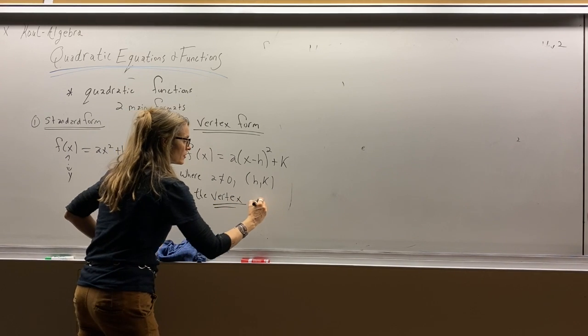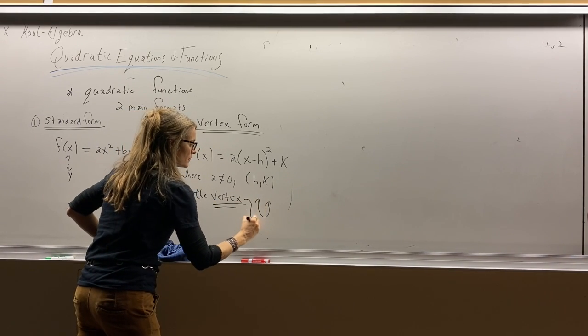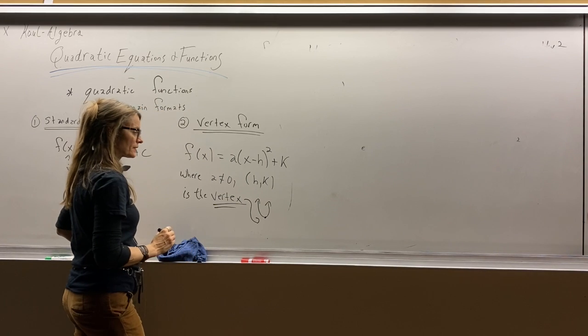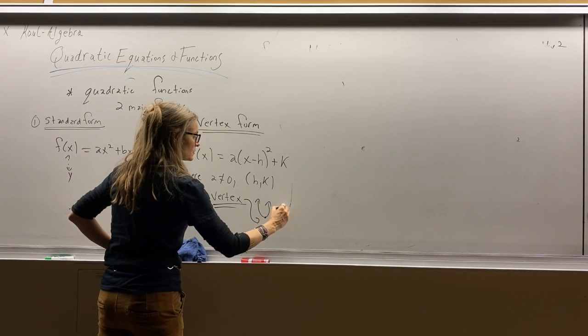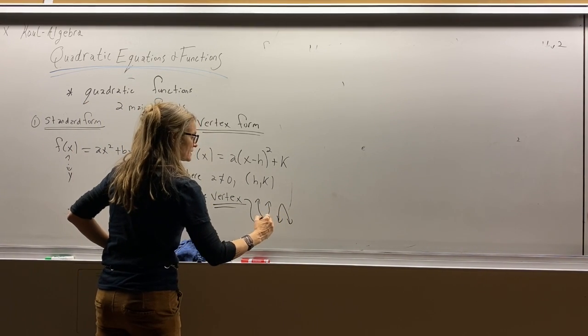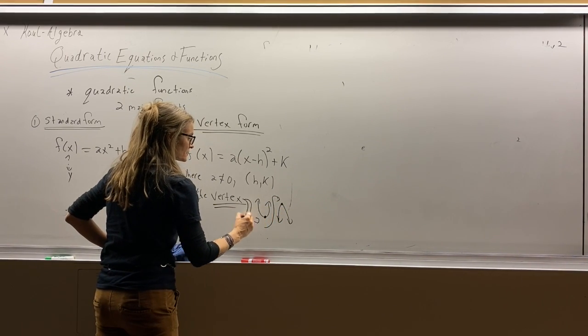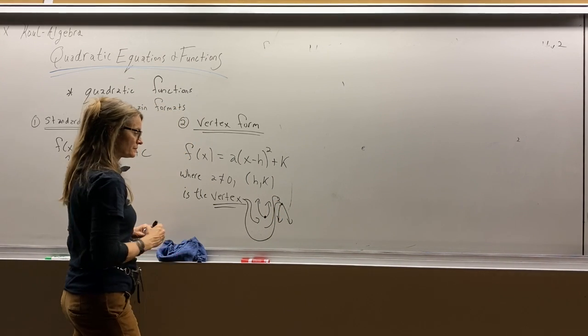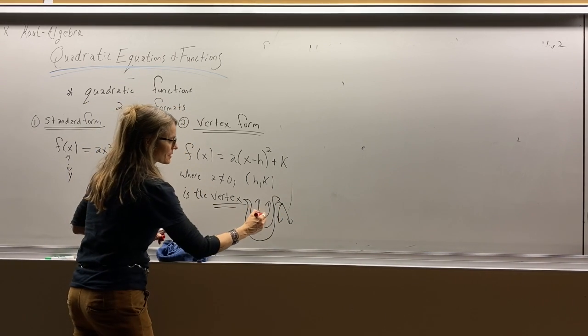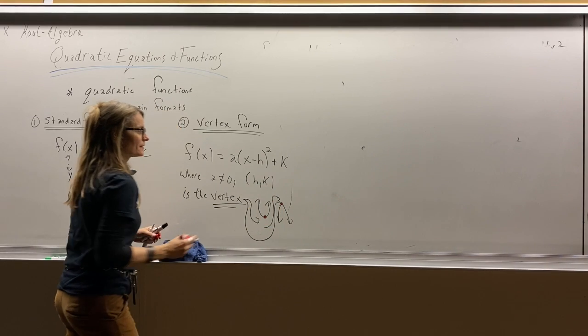That's the opening point of the parabola. That's what your vertex will look like. And we'll see that these open up or down. And this is what the vertex is, this point. You highlight it. Okay, that's given by (h, k).